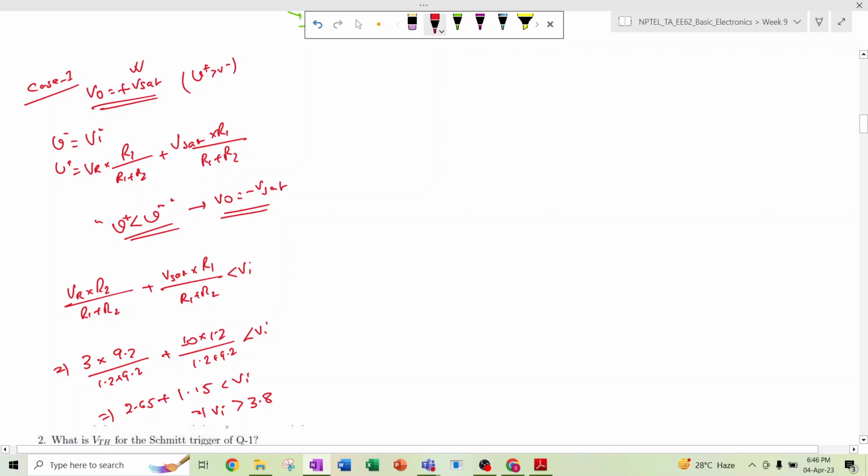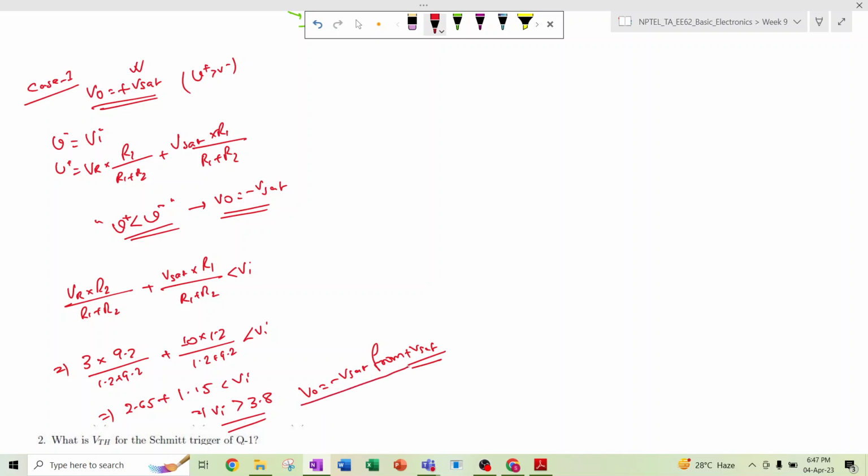If it is greater than 3.8, then VO will go from plus Vsat to minus Vsat. Earlier it was in plus Vsat, and if Vi is greater than 3.8, then VO becomes minus Vsat.